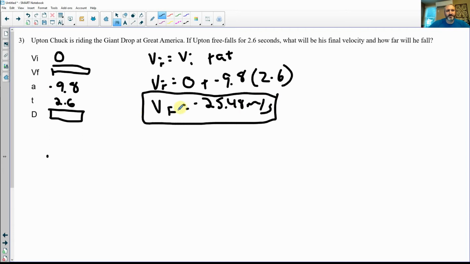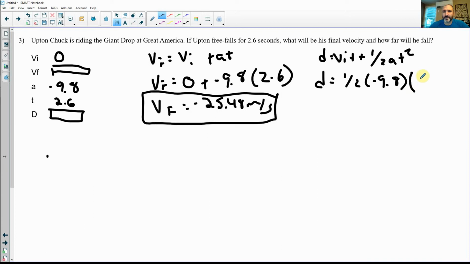And then the displacement, let's use D equals VIT plus 1/2 AT squared here. So D is going to be, VI is 0 times T is still going to be 0 plus 1/2 times negative 9.8 times 2.6 squared.